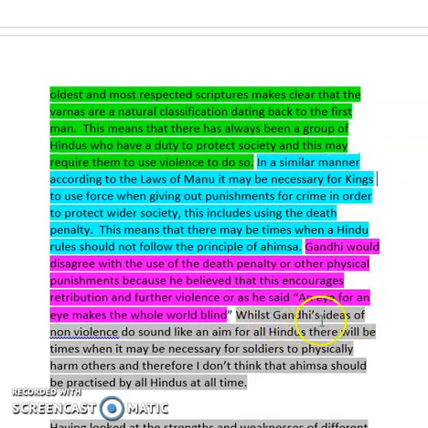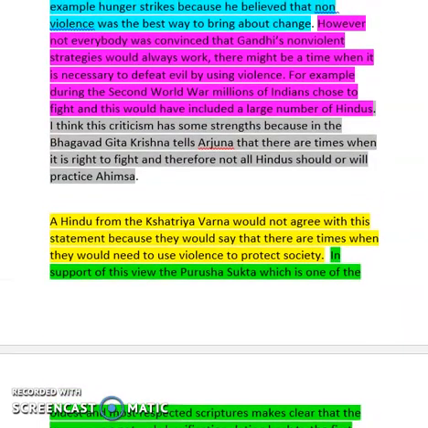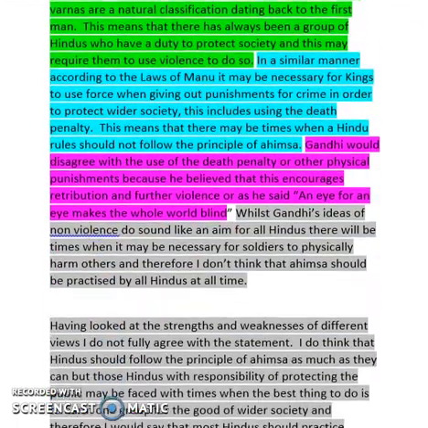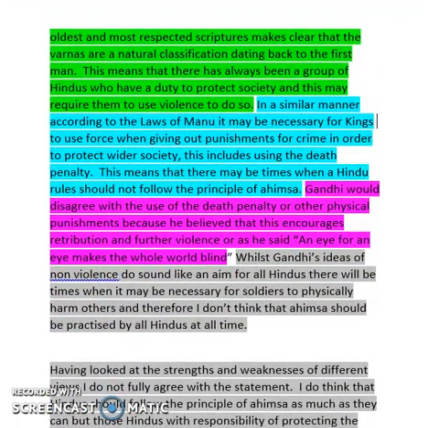Then I'm going to challenge that, and I'm going to challenge it with Gandhi. And I'm thinking to myself, I've already used Gandhi here, and so I'm going to use a quote from Gandhi that most of you will know, which is an eye for an eye makes the whole world blind. And Gandhi would say that when you use these physical punishments, you're just encouraging retribution, which would count as a key term, and you're just increasing the violence in society.